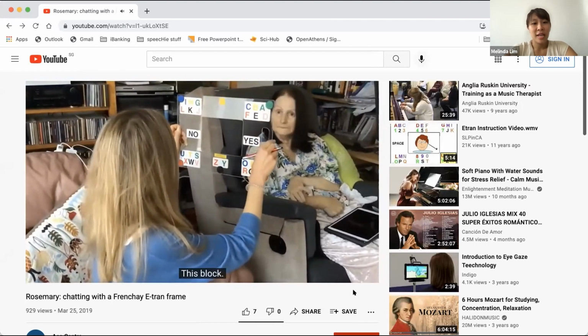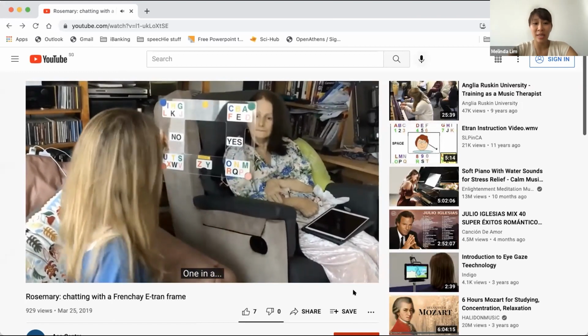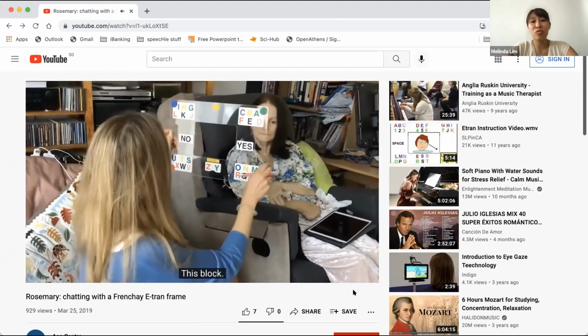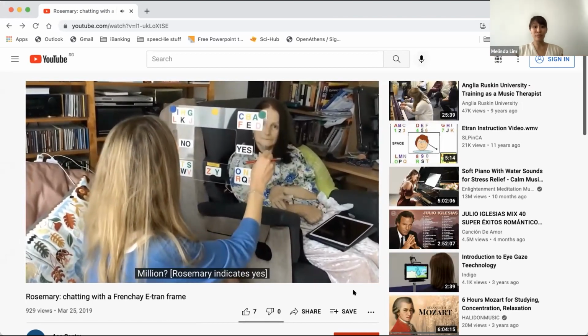And you can see that it really requires the listener, which is the lady in blue, to keep track of all the letters that have been spelled out. So as you can see, it's effortful for both the speaker and the listener, because it requires a lot of time.